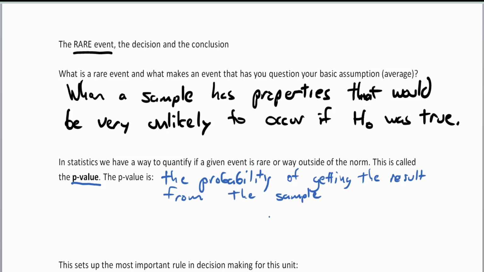So what this means is that we are going to measure the percent chance, or likelihood, of actually getting the result that our sample gave us.